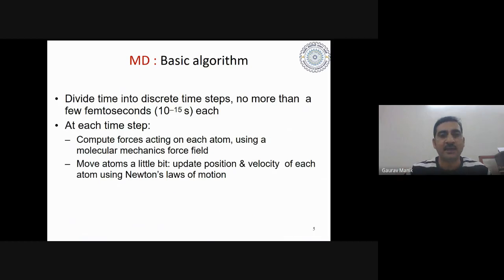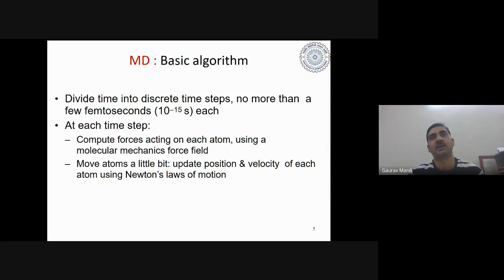The basic algorithm is that when you start your simulations, you have to have an understanding of how much time you need to simulate. A time of the order of a few milliseconds to 1 second may be sufficient in some cases to get a lot of important and interesting properties.